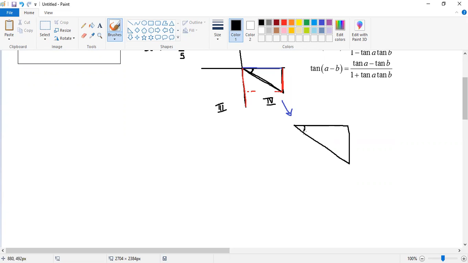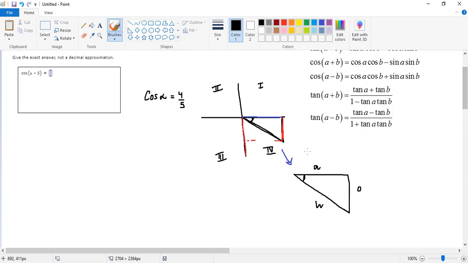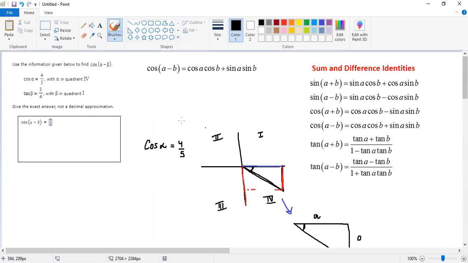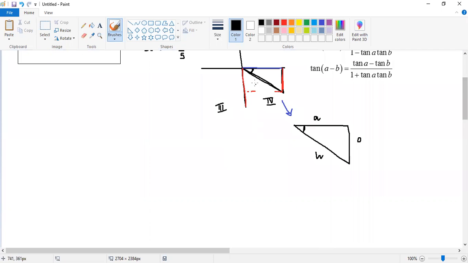So if we have our angle here, our adjacent side would be here, our opposite side would be here, and our hypotenuse would be here. So we're told that the cosine of some angle is 4 over 5. And the triangle for that angle would look something like what I have here.